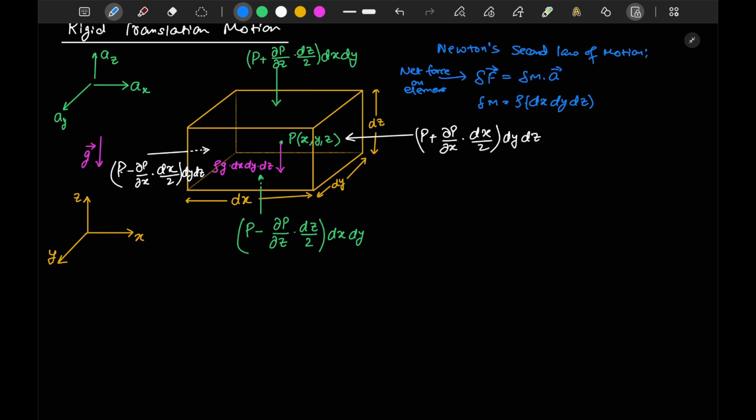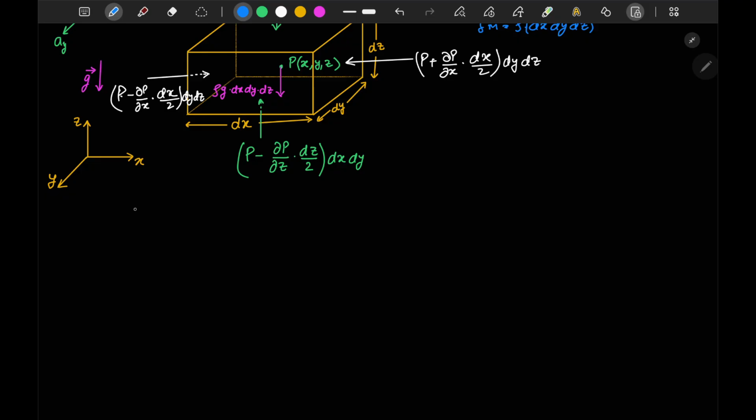In the x direction, if I apply Newton's second law of motion, the force on the surface in the x direction can be given as p minus del p by del x times dx by 2, times the area, sorry, I forgot to mention the area here, that is dy dz.